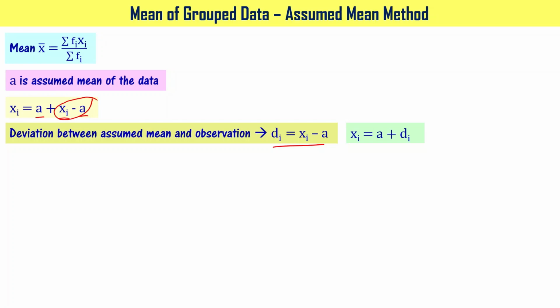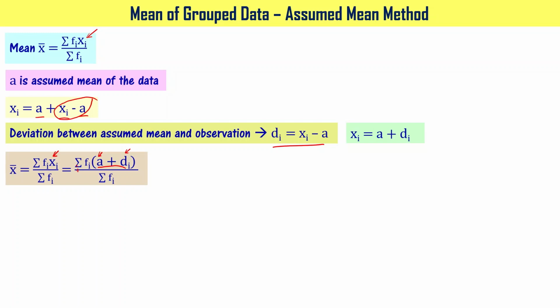Let's go and substitute that particular xi into this formula. X bar equals sigma fi xi divided by sigma fi. So I'm writing a plus di for the xi in the numerator. Here, if you see, a is a constant, right? Whereas di is a variable because your summation is on i, right?